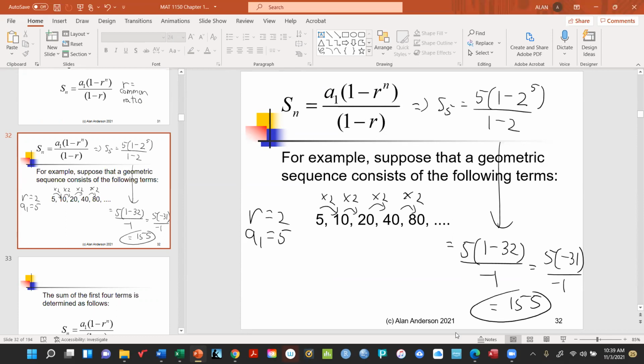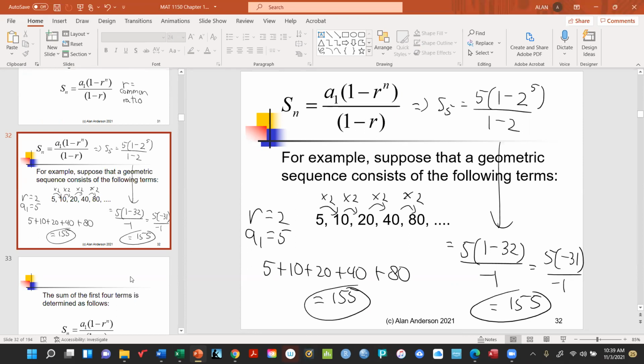Now, if you take your calculator out and add those up, 5 plus 10 plus 20 plus 40 plus 80 is in fact 155. So either way, you will get the right answer. All right.